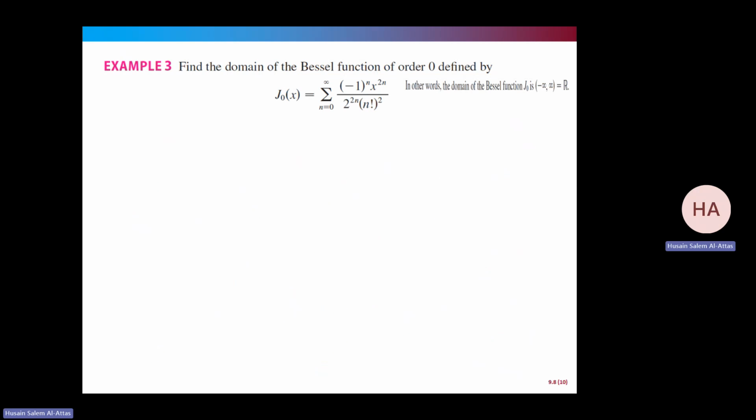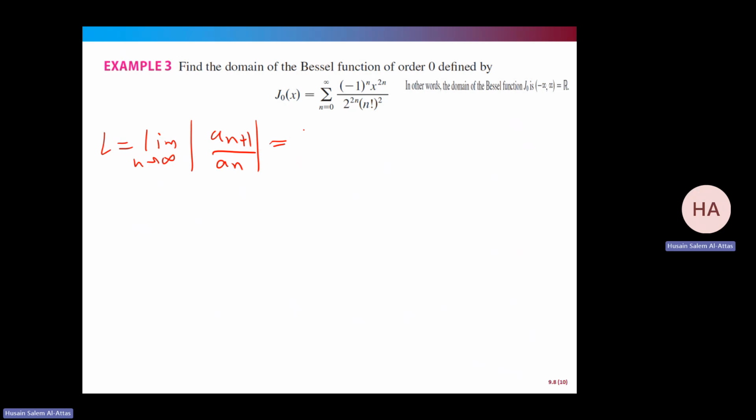Now, let me do more problems. Find the domain of this function. We call it a Bessel function. What we'll do, well, this is just a series. Deal with it as a series. So I need the limit as n goes to infinity of a_(n+1) over a_n.